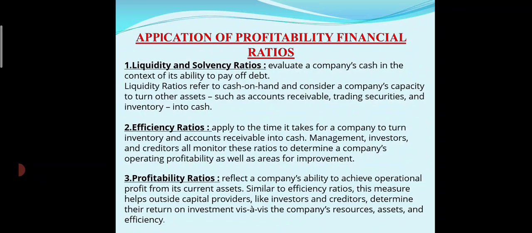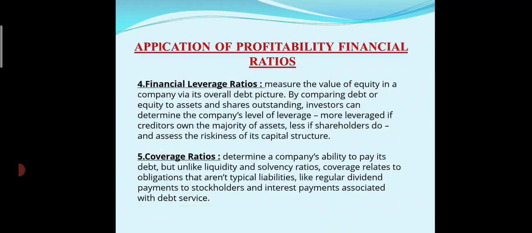Then third is profitability ratios. These reflect a company's ability to achieve operational profit from its current assets, similar to efficiency ratios. This measure helps outside capital providers like investors and creditors determine their return on investment versus the company's resources, assets and efficiencies. Next is the financial leverage ratios.